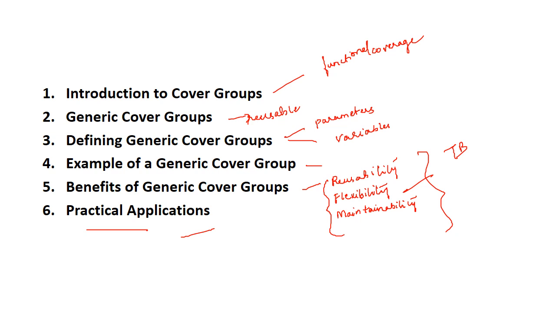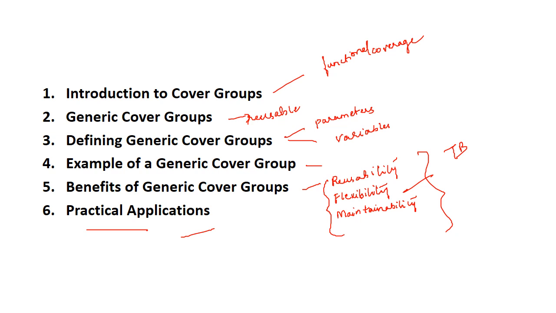You can define a generic cover group by making use of parameters as well as variables. This can be customized for various instances, which allows for the creation of a single cover group definition that can be reused with different types of configurations. In the further slides we will be seeing an example of a generic cover group.